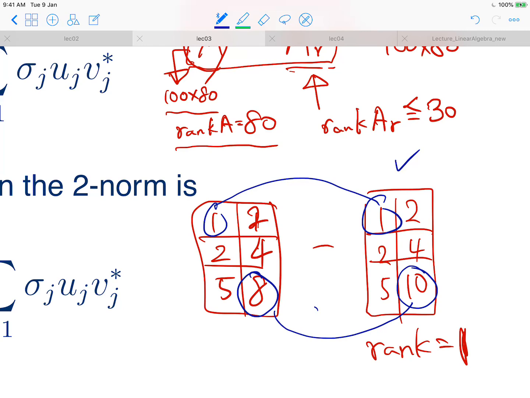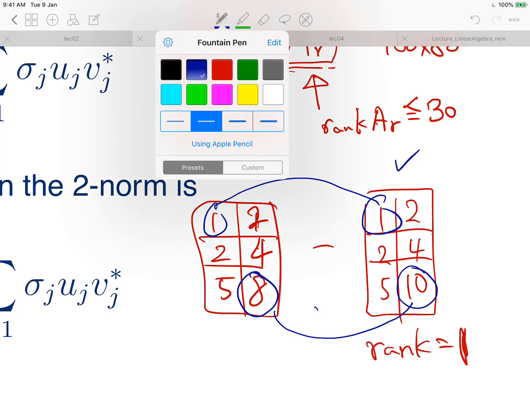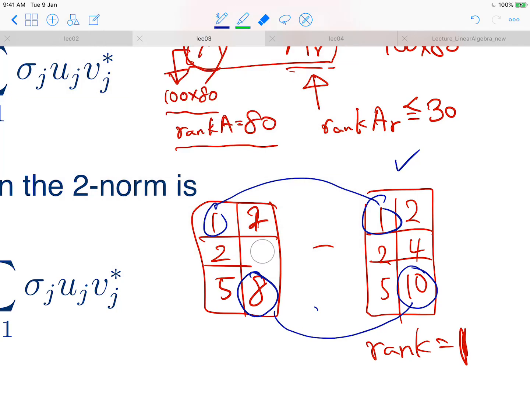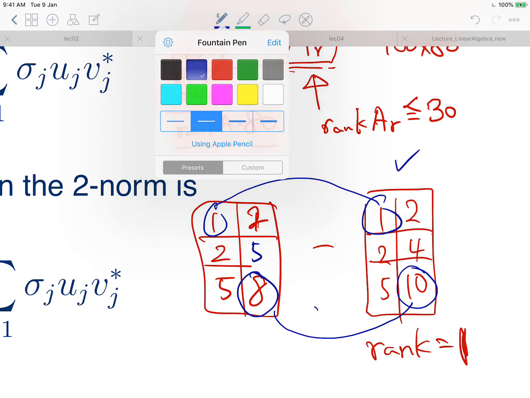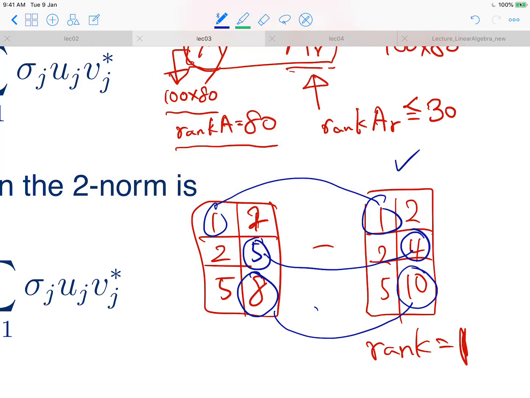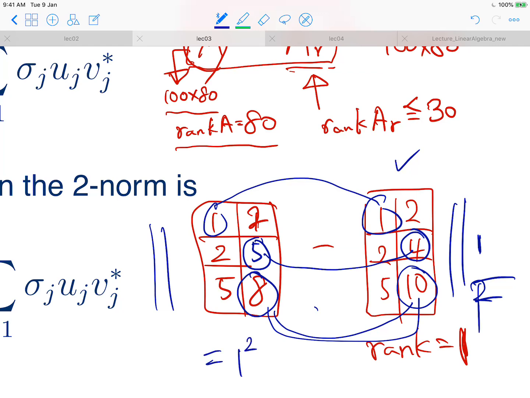Let's change this value to maybe 5, and now the difference also occurs between these two elements as 1 in absolute value, and between these two we have an absolute difference of 2. So the Frobenius norm difference between these two matrices will involve 1 squared and 2 squared, right?